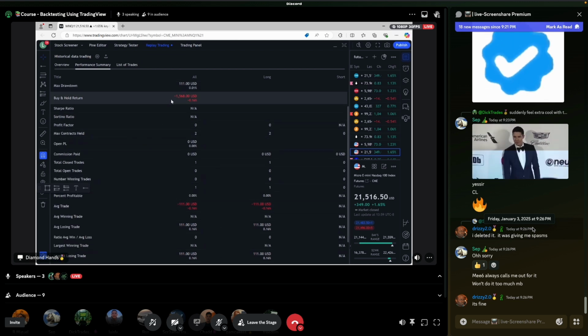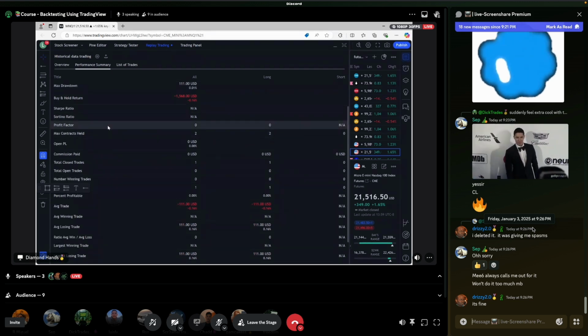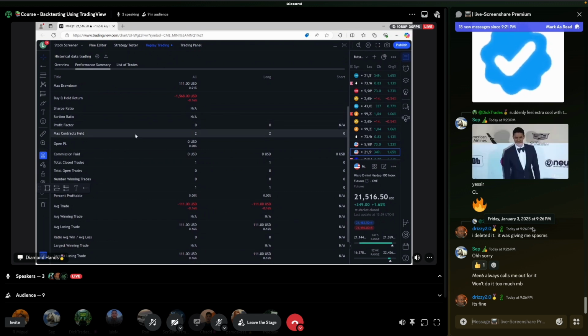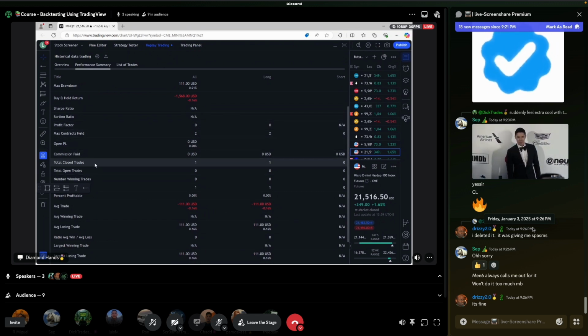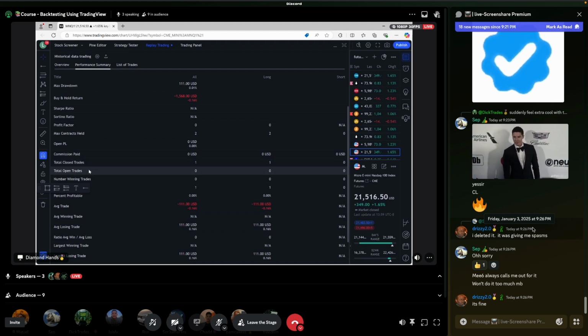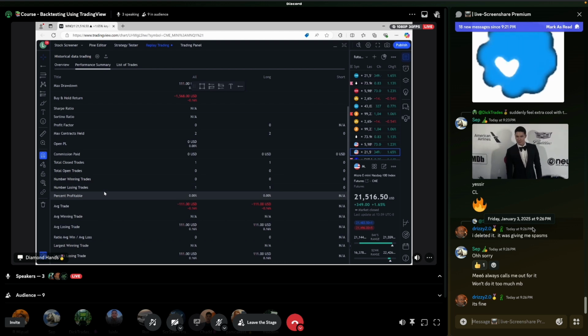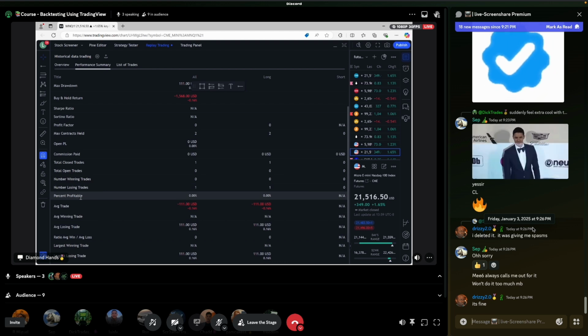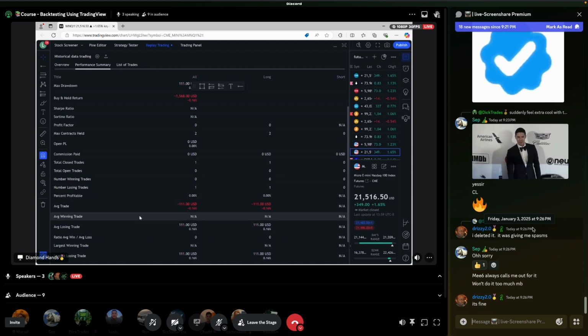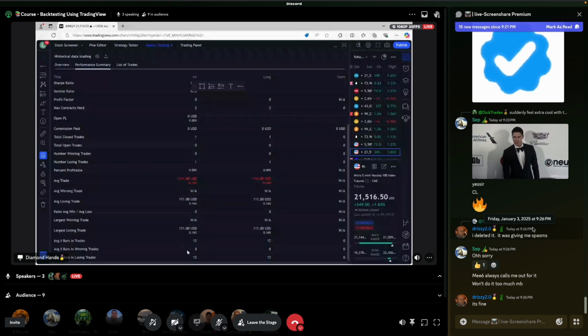Obviously, I haven't taken enough trades to know my profit factor, but it'll give you a profit factor, how many contracts you held, total closing trades, total open trades, winning trades, number of losing trades, your percentage profitable. Obviously, I need more data for this to show up, right?